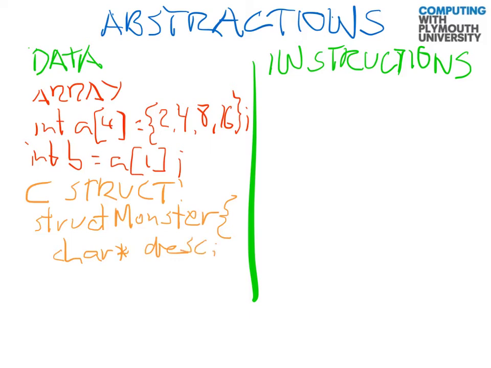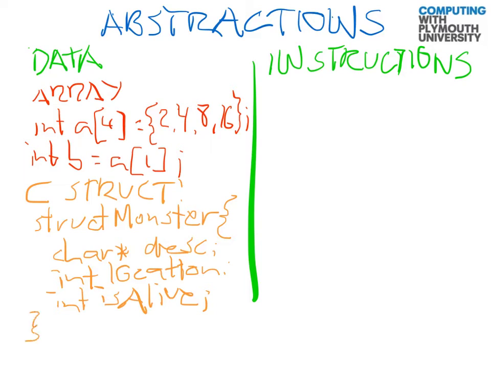It's also going to have an integer to describe a location, and it's going to have a boolean, but we don't have a boolean in C, so that's just going to be another integer to indicate whether the monster is alive or not. So that defines a structure with 3 different data types inside it.